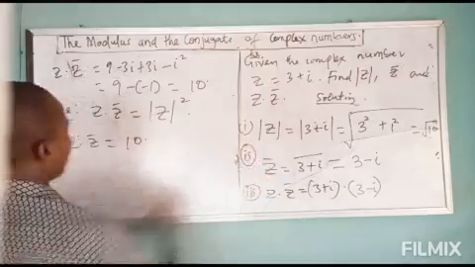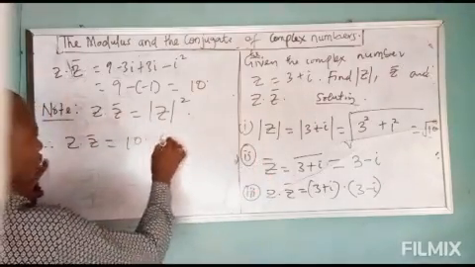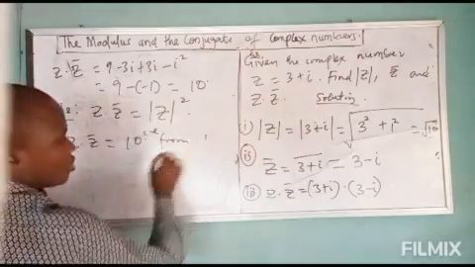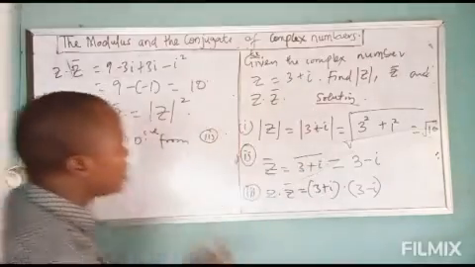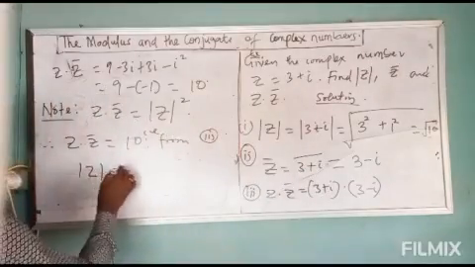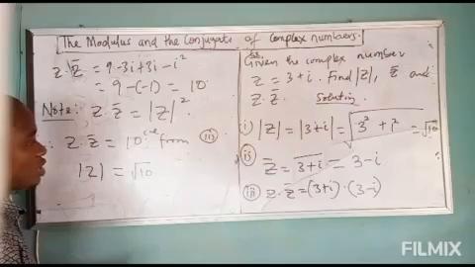Now from 1, we have the absolute value of z equals root of 10. Are you getting it now?